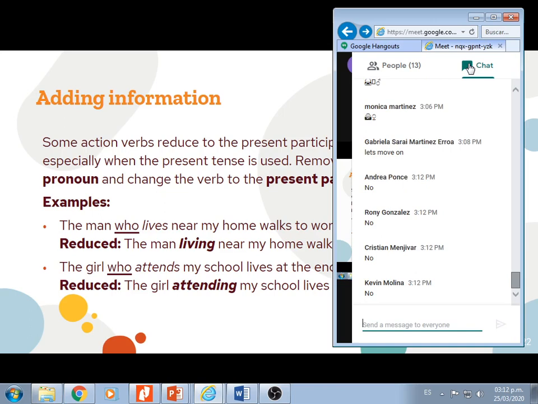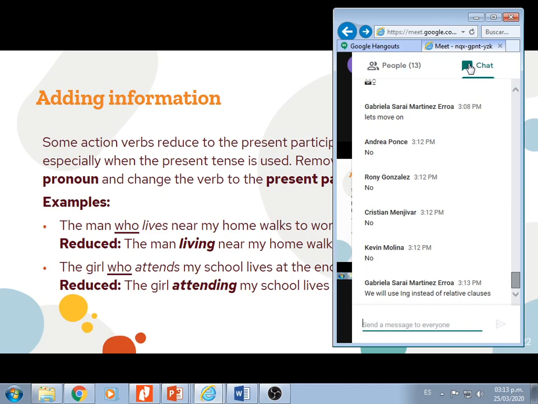So in the case of the first example, you can say, yeah, the woman who is chatting is my grandmother. Who is. So we have the relative pronoun and then the verb to be. And the reduced form will be the woman chatting. The woman chatting is my grandmother. But what if you say the woman who has 3 children is my mother.